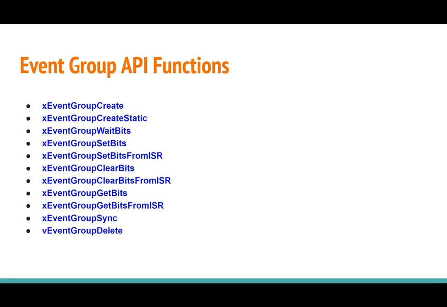So let's move on. These are the different types of event group API functions. Obviously, you have the event group create, the wait bits, the set bits, and I'm going to talk about some of these in the upcoming slides.